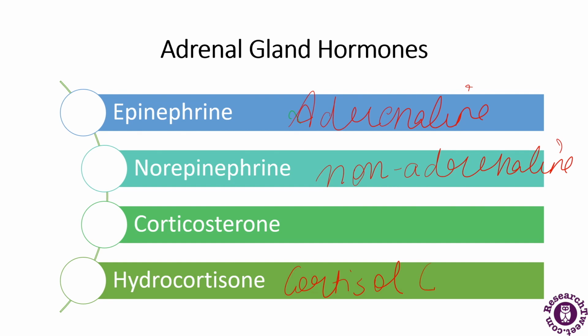The last is corticosterone. This hormone works with hydrocortisone to control the immune system and prevent inflammatory reactions. So this was all about the adrenal gland.